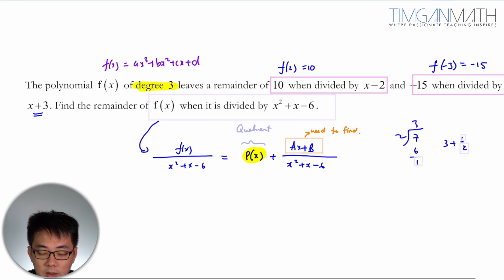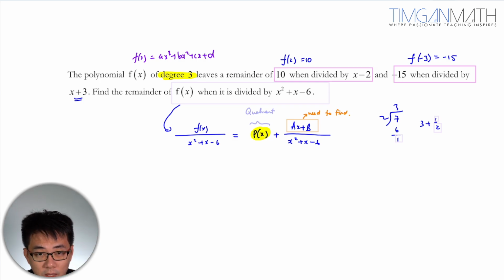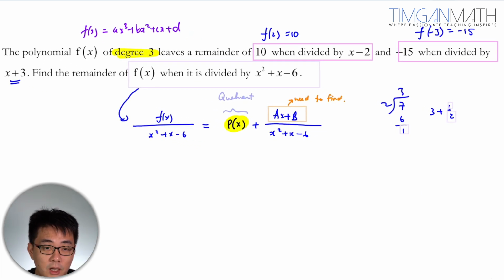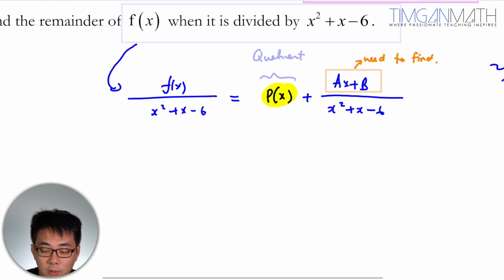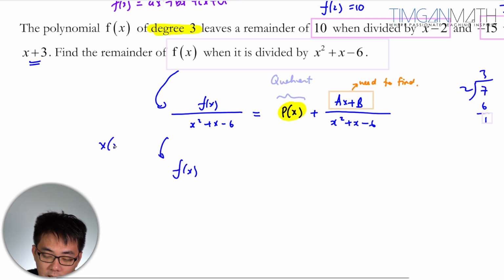So I'm going to cross multiply both sides with x squared plus x minus 6. So f(x) equals p(x) times x squared plus x minus 6, plus ax plus b.